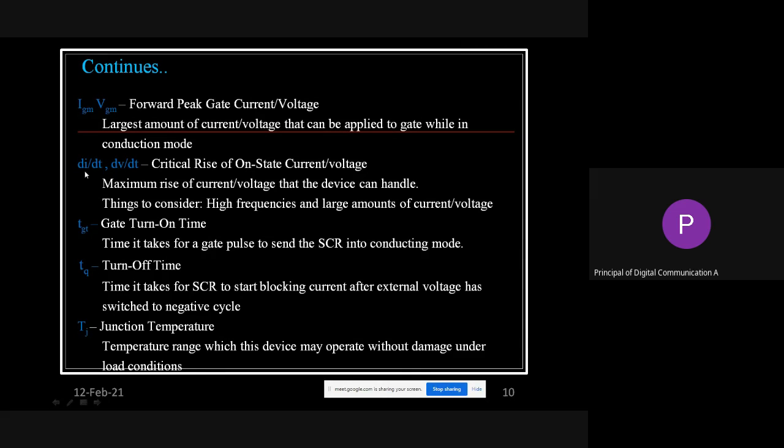Next parameter is di by dt or dv by dt. म्हणजे change in current with respect to time and change in voltage with respect to time.